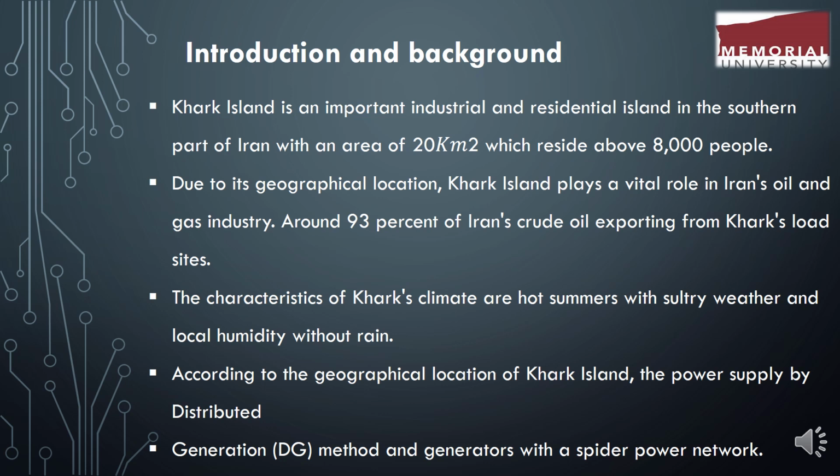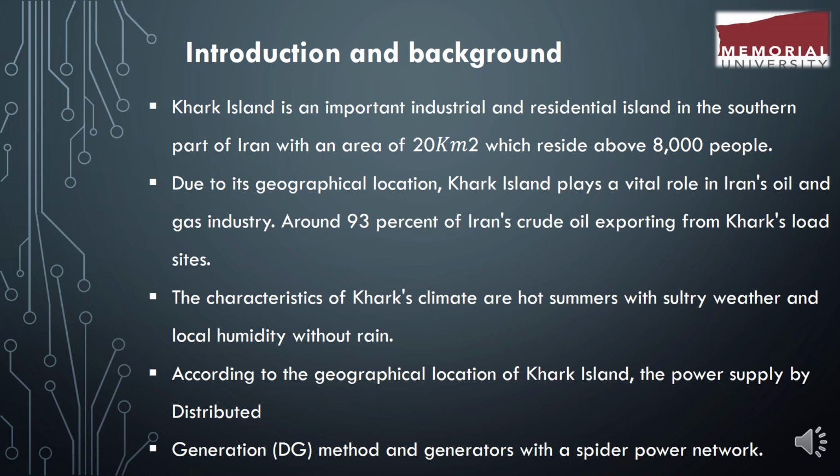Furthermore, Hark Island plays a crucial role in Iran's oil and gas industry. Therefore, to be sensitive to this issue, the government divided the supply of electric energy to Hark Island into two parts. The first part consists of generators.